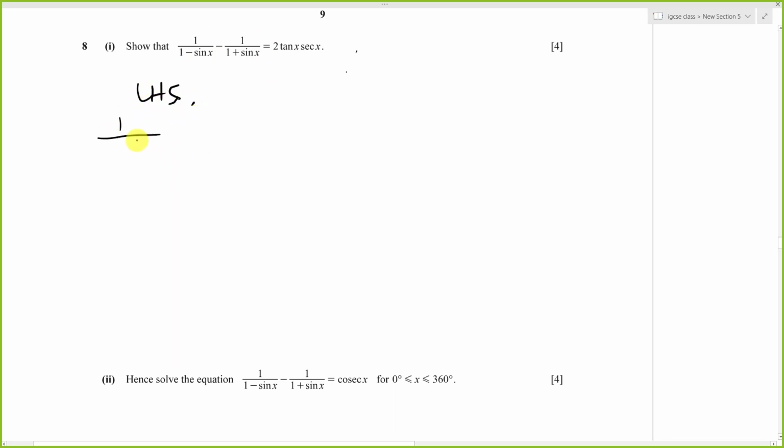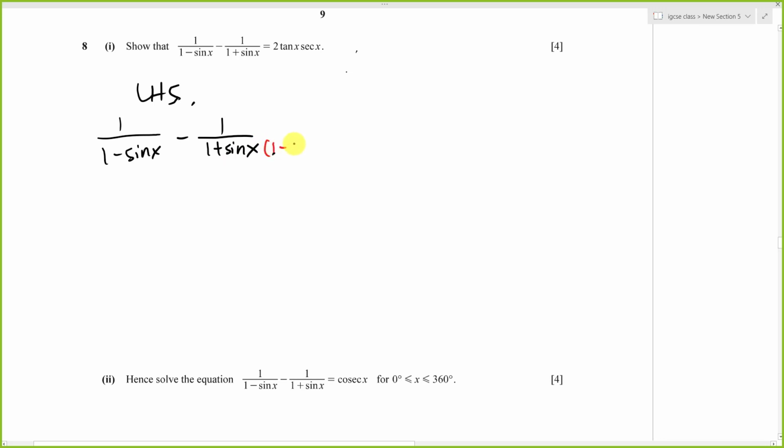Okay, so which is 1 over 1 minus sine x, minus 1 over 1 plus sine x. Alright, for a question like this, first step is always make them have the same denominator, and then because plus minus you have to have the same denominator, then only you can join them together.